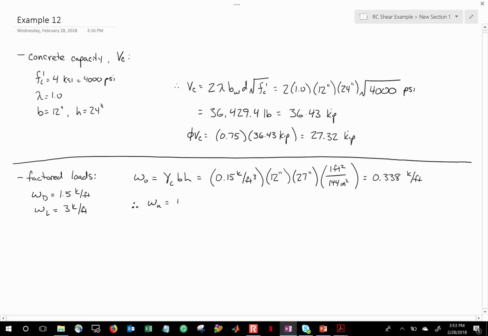WU is 1.2 W naught plus W dead plus 1.6 WL. Okay, so that's 1.2 times 0.338 plus 1.5. Ooh, I forgot to put my units. Always put your units.